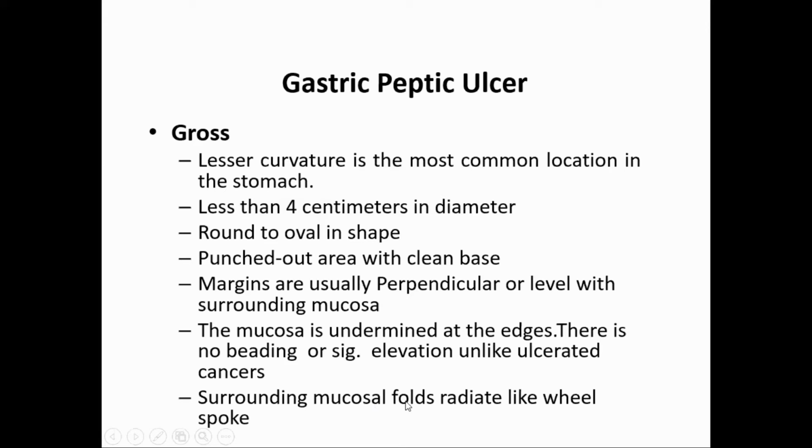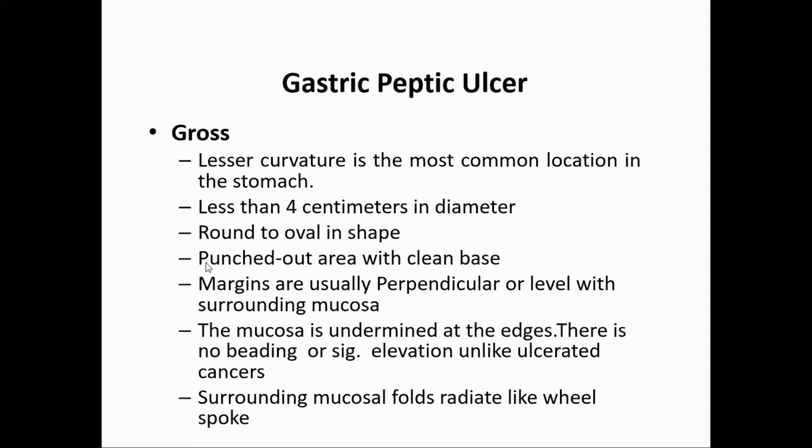The stomach has mucosal folds, and they radiate like the spokes of a wheel from the ulcer to the periphery. This is important when we come to cancer: the folds are obliterated around the ulcer if it is a malignancy. So this is the gross morphology of the gastric peptic ulcer.